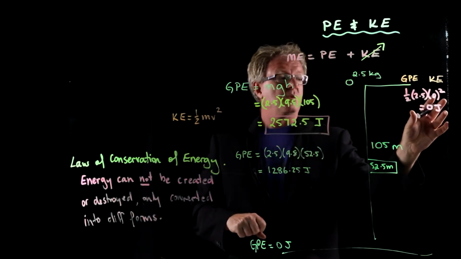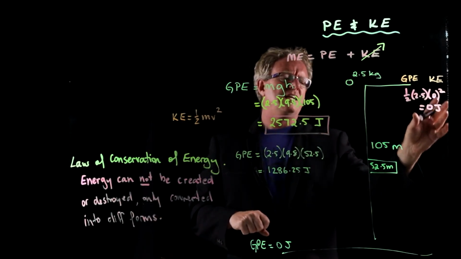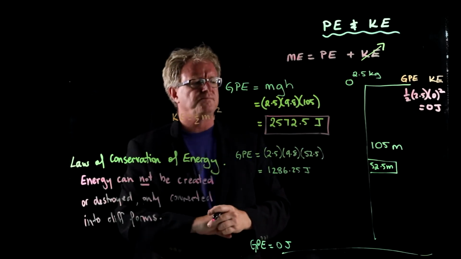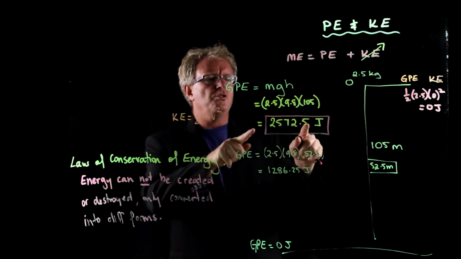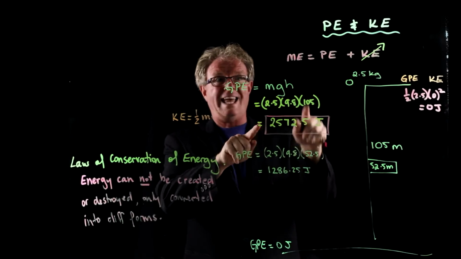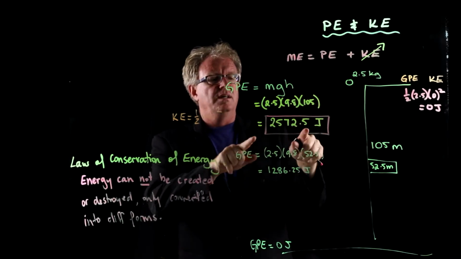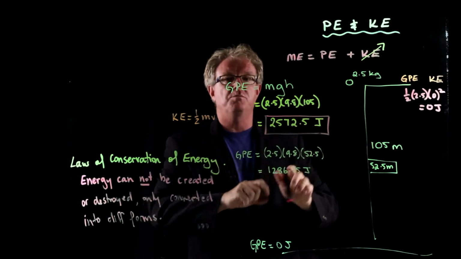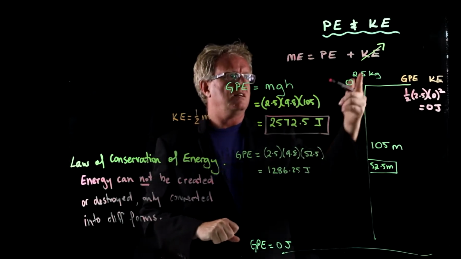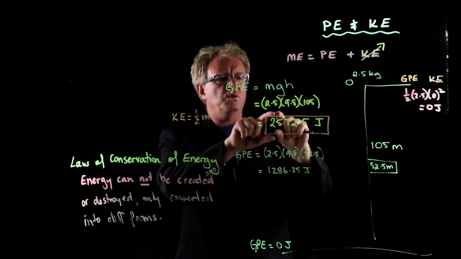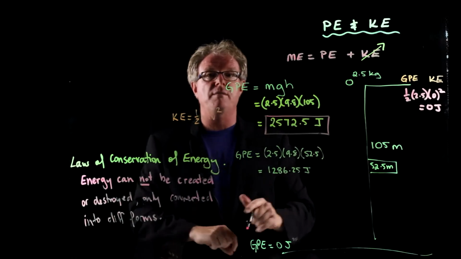There's no kinetic energy. I wonder what the kinetic energy is halfway down. Well, if we know that this is the total mechanical energy, and we've calculated the gravitational potential energy, then the kinetic energy must be what we start with, take away our gravitational.